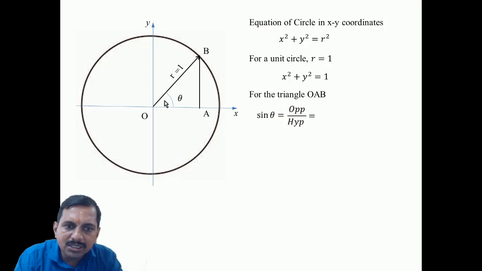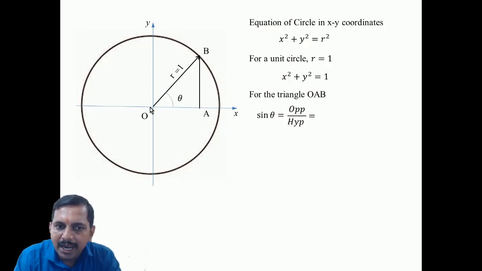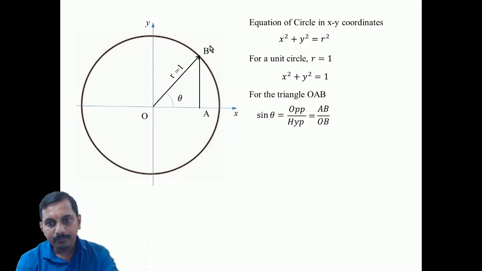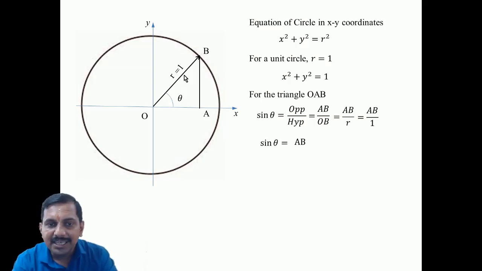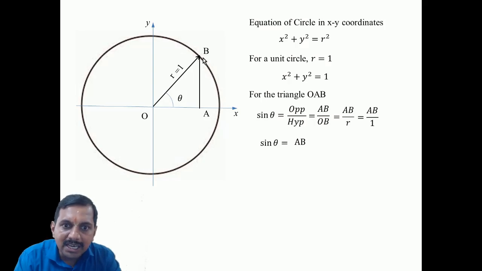What is opposite in this case? Opposite to theta would be AB and hypotenuse would be OB. So we will have AB divided by OB. Further, this OB is actually the radius of the circle, and in this case the radius is 1. So sine theta for a unit circle is AB.